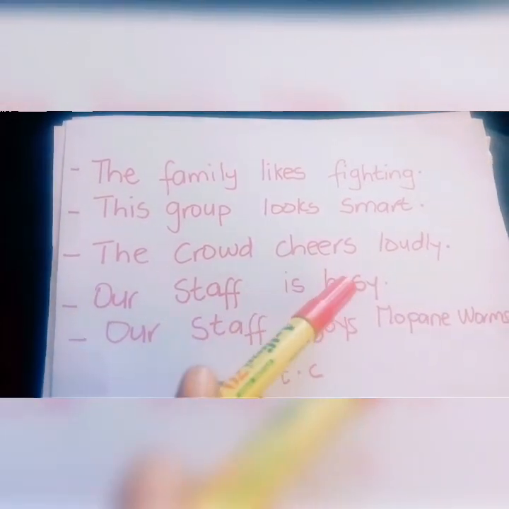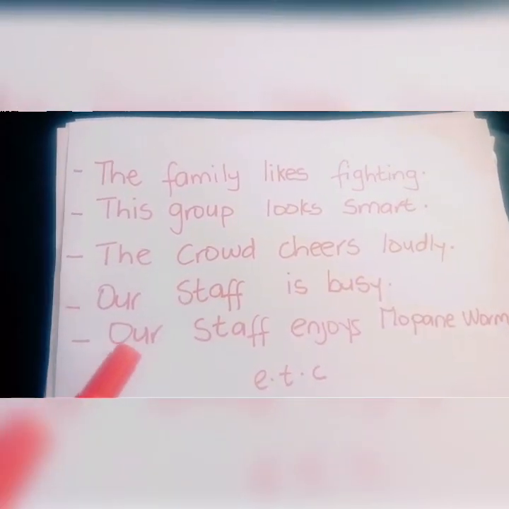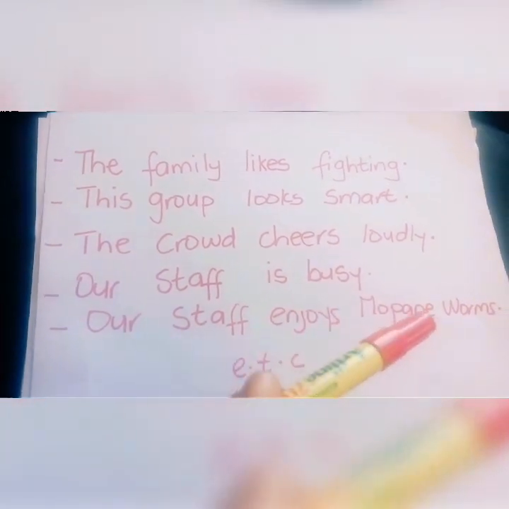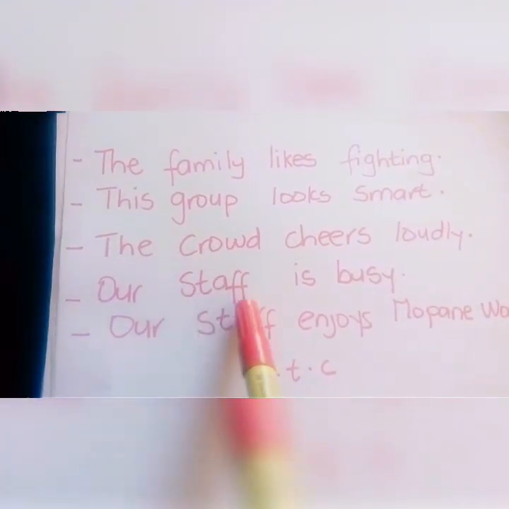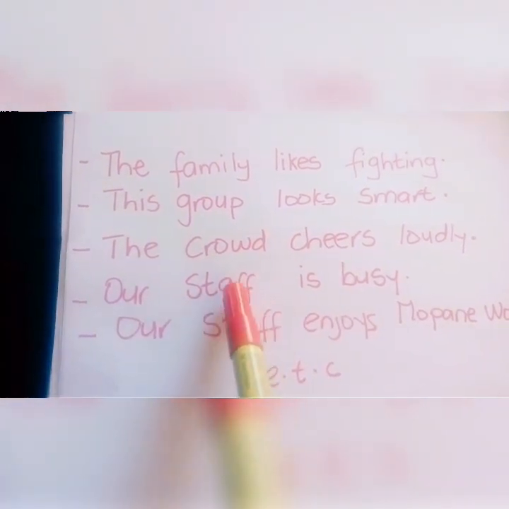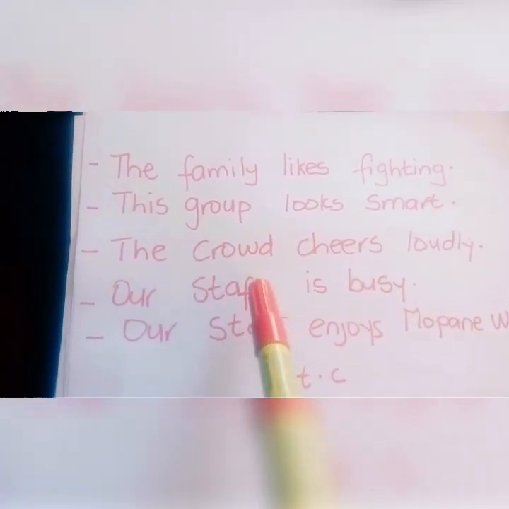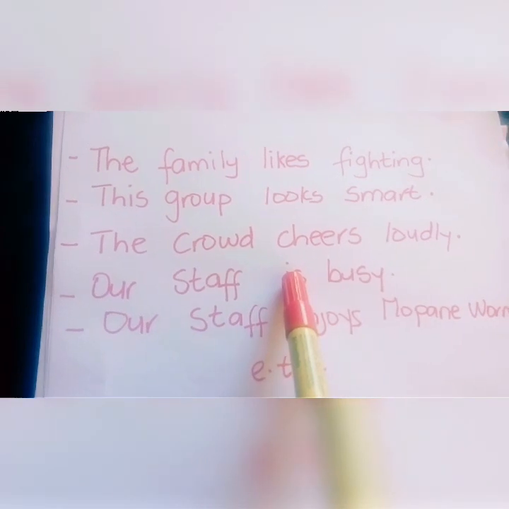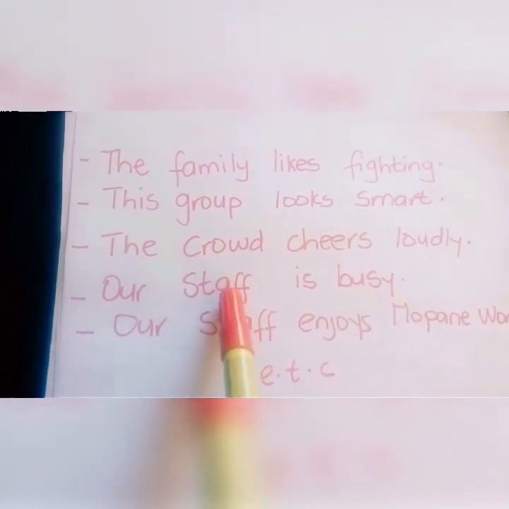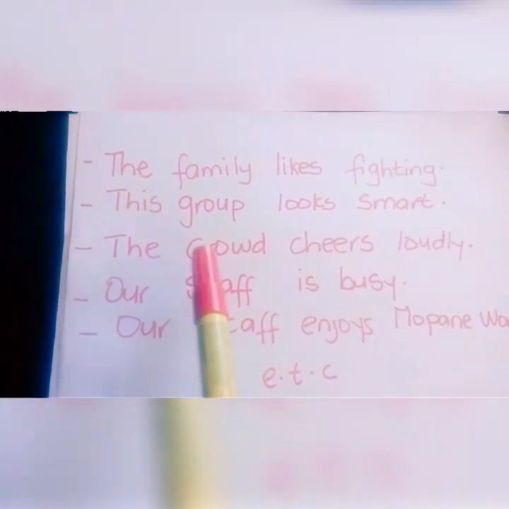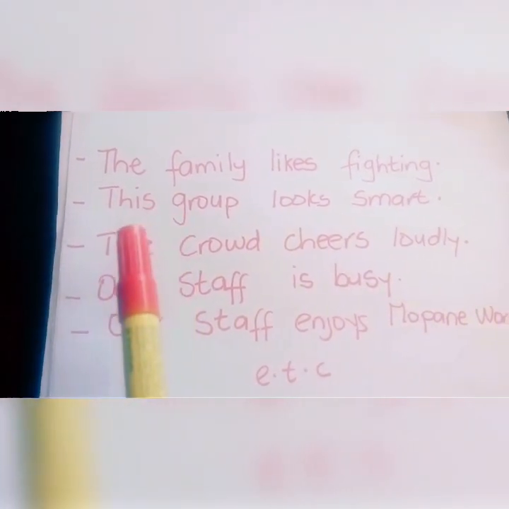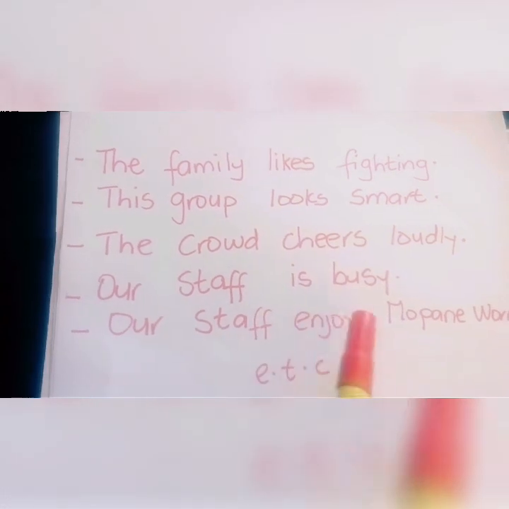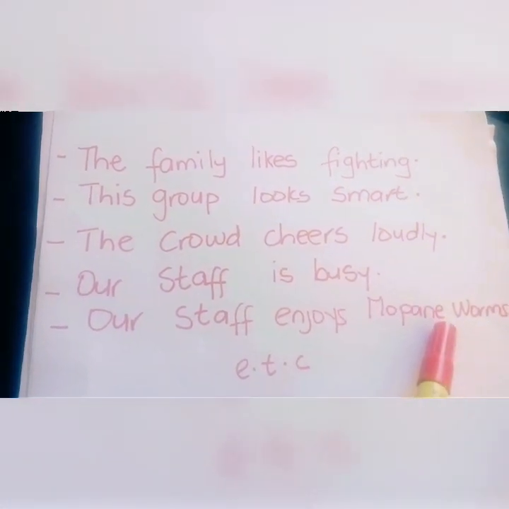Our staff is busy. Our staff enjoys mopane worms. You know, our staff is taken as one word. That is why we have to use is as a linking verb. You cannot say our staff are busy. No, these are collective nouns, so they are taken as singular. Our staff enjoys mopane worms.